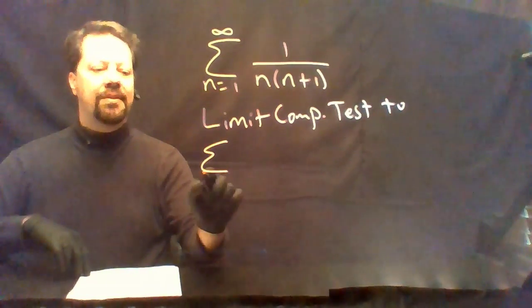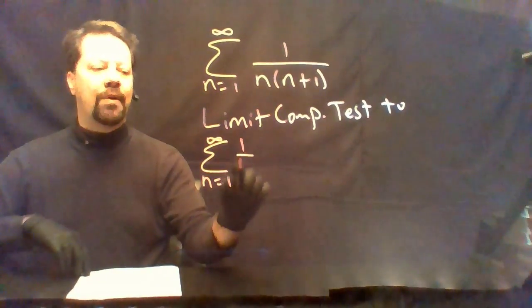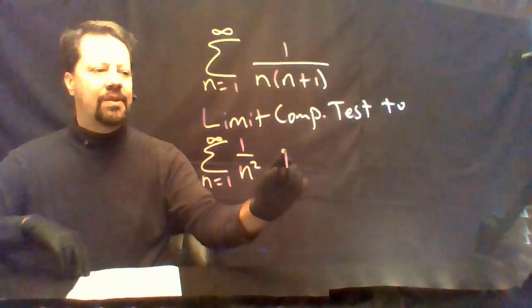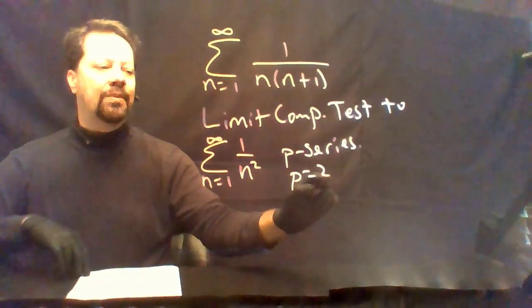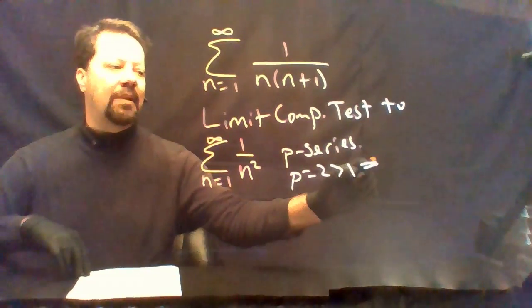Let's compare it to the sum as n goes from 1 to infinity of 1 over n squared, which is a p-series, p equals 2, which is greater than 1, and that implies that it converges.